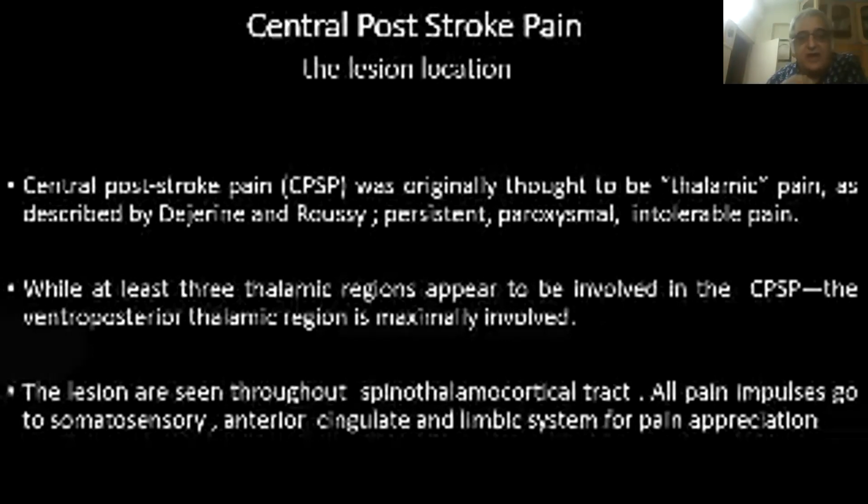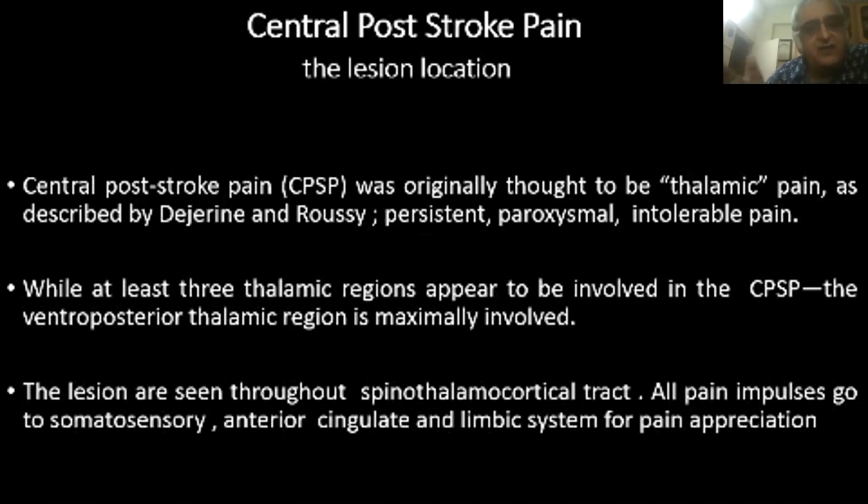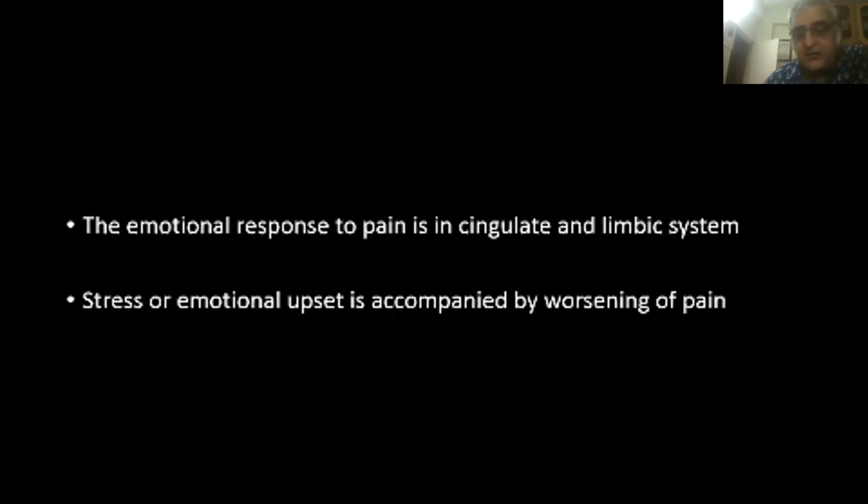So it is not just thalamus, but it's also thalamocortical radiation. It is the spinothalamic tract anywhere in the brain, which can cause these persistent, intolerable pains. And the reaction is because the impulses go to somatosensory, anterior cingulate, and limbic system. The emotional response is because of limbic system.